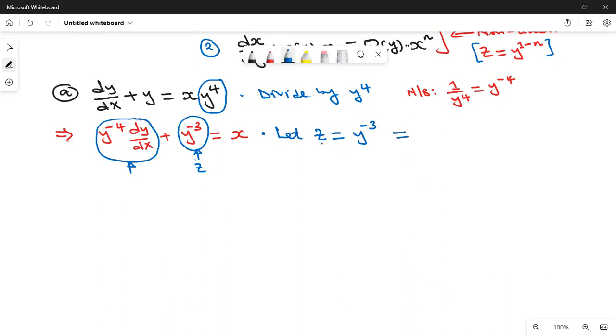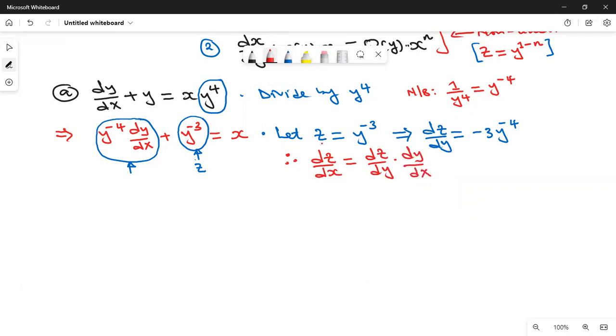From here, it means that dz dy is equal to negative 3 times y raised to negative 4, by the power rule of differentiation. Therefore, if I want dz dx, the chain rule will give us dz dy times dy dx.